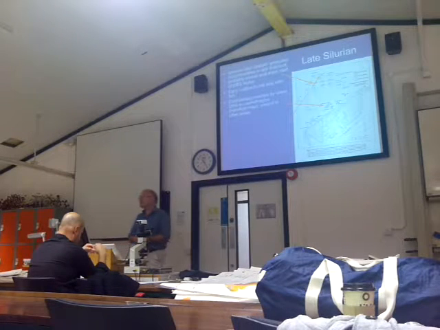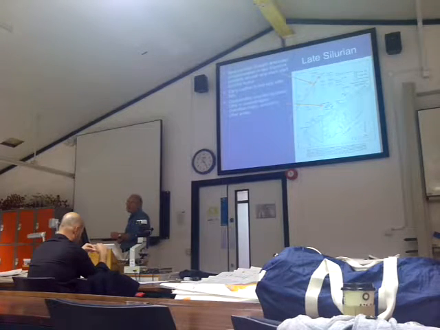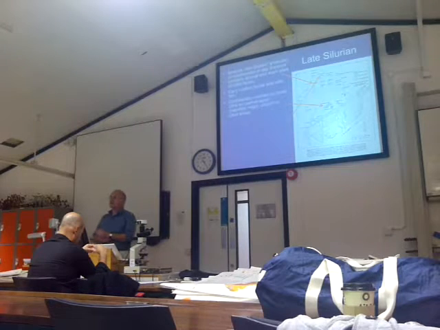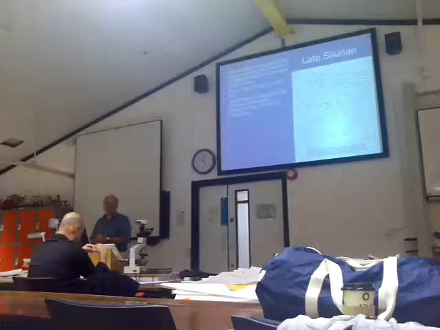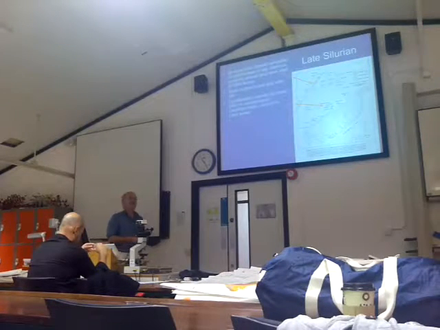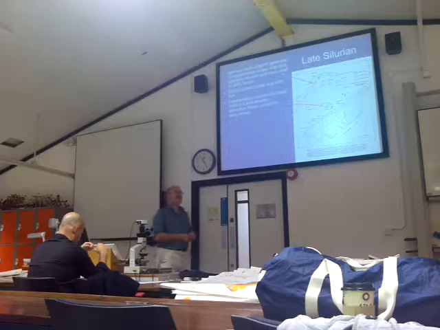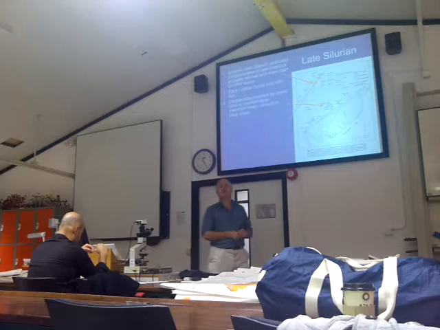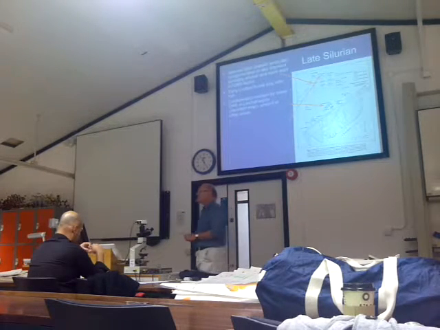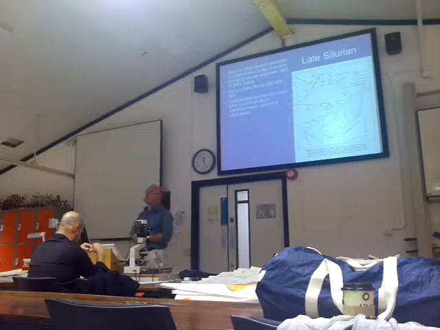And these are conformably overlain by what is conventionally called the lower Old Red Sandstone in the Hamilton map. Those of you who drew that cross-section will have seen that the folding on the Hamilton map post-dated the lower Old Red Sandstone.